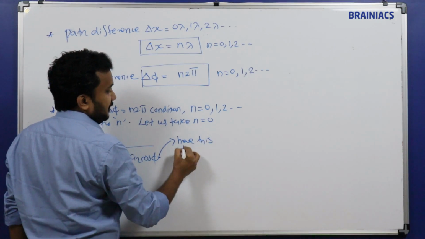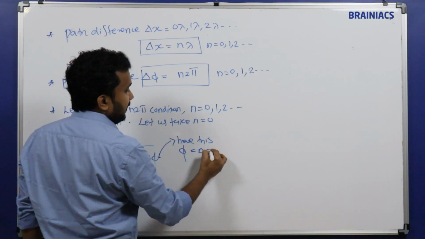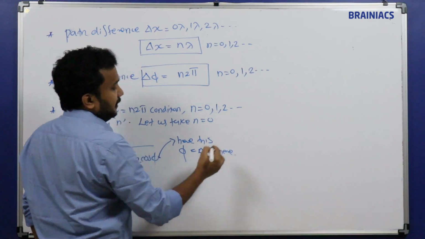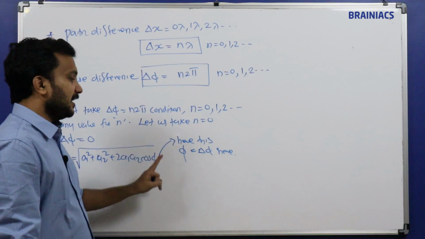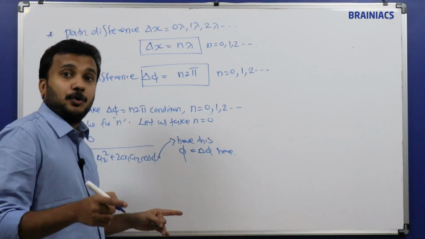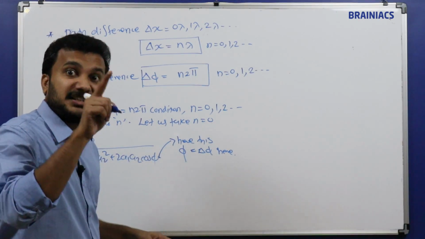This phi is equal to delta phi here. Why? I told you the first wave is a1 sin(omega t minus kx), and the second wave is a2 sin(omega t minus kx plus phi).